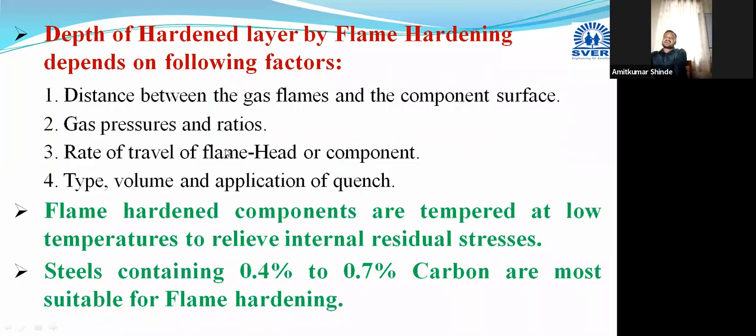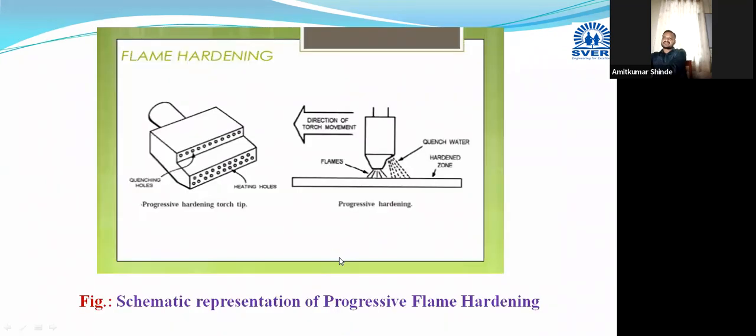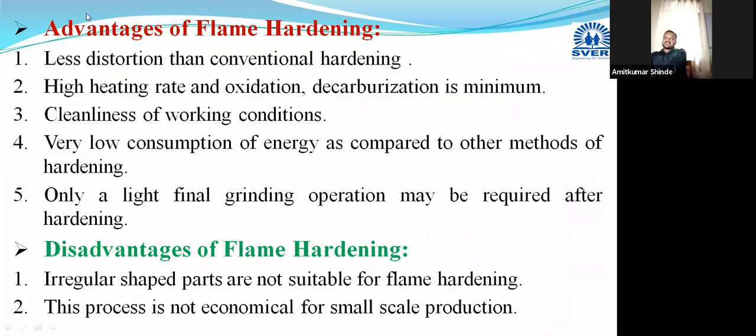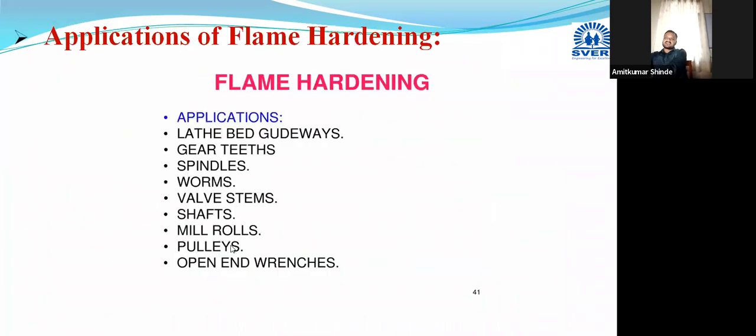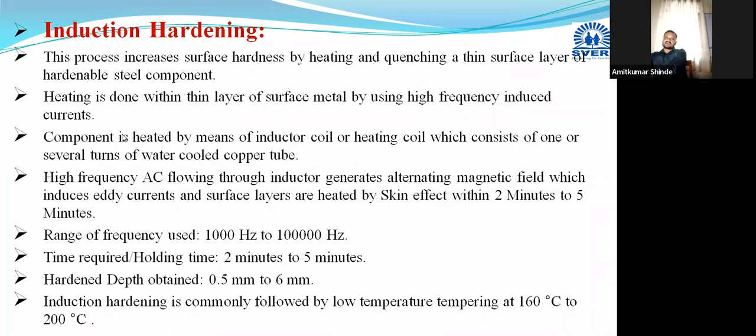Then the factors affecting the case depth of flame hardening. Then the applications, where it is used for medium carbon steel containing 0.4 to 0.7% carbon, and for subsequent heat treatment, low temperature tempering is required to eliminate internal stresses. So, along with its advantages, disadvantages, and applications, we have discussed flame hardening.